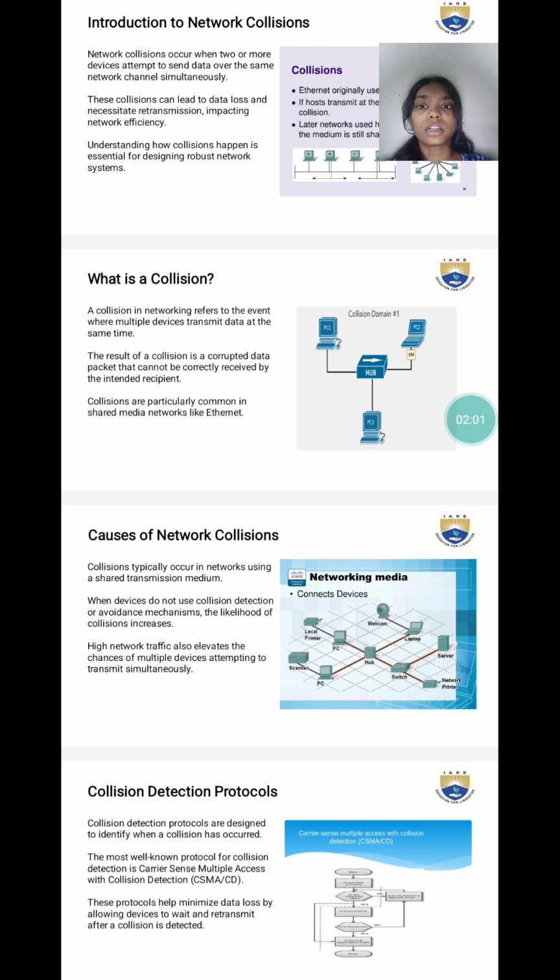When two or more devices transmit data simultaneously, it is known as a collision. The result of a collision is a corrupted data packet that cannot be correctly received by the intended recipient.